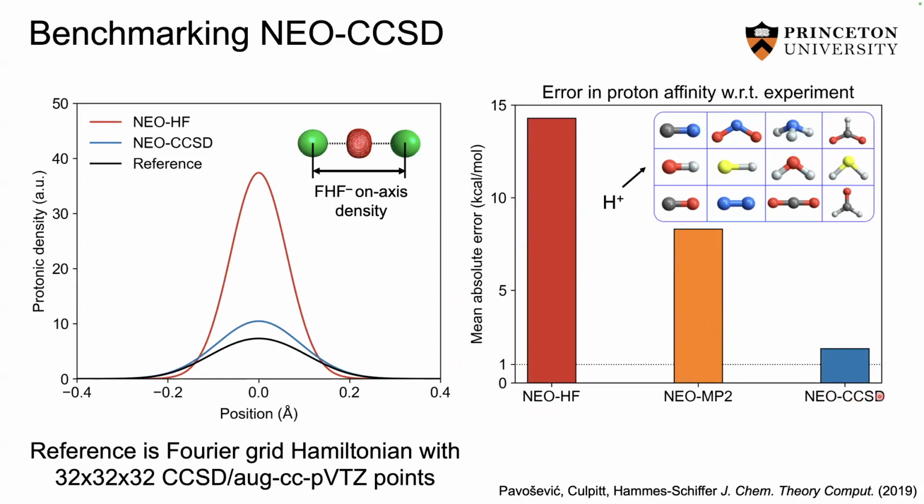And then if we look at NEO coupled cluster with singles and doubles, it's getting very, very close to our 1 kcal per mole threshold for chemical accuracy. And in fact, there's some uncertainty in these experiments of plus or minus maybe 2 kcal per mole. So CCSD is starting to approach quantitative accuracy with experiment. And again, these are just single point energy calculations that capture the zero-point energy of this added proton.